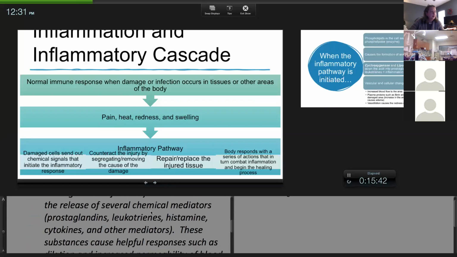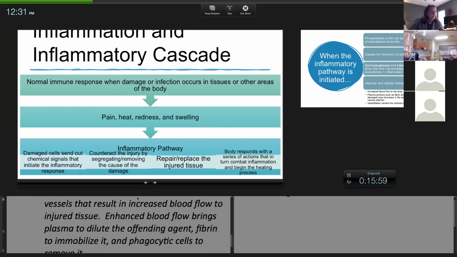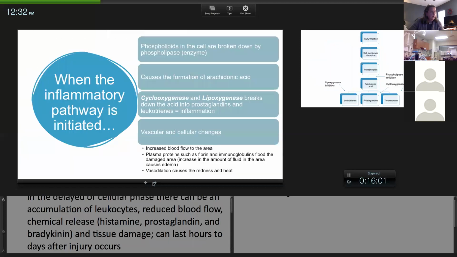There's benefit, but you worry about these chemical mediators, the prostaglandins, leukotrienes, and cytokines. Initially they're released to bring certain things to that area, but that can also start to cause the swelling to get worse. What are the chemicals, and what are they doing? The phospholipids are broken down.